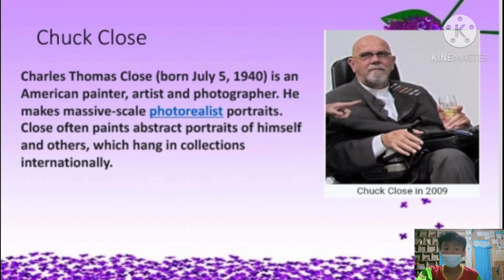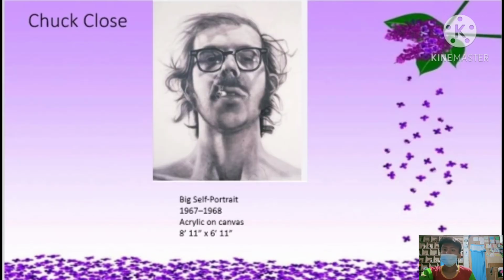Even though a catastrophic spinal artery collapse in 1988 left his left arm severely paralyzed, he has continued to paint. The picture on the slide is one of Close's artworks entitled Big Self-Portrait, 1967 to 1968, made of acrylic on canvas.